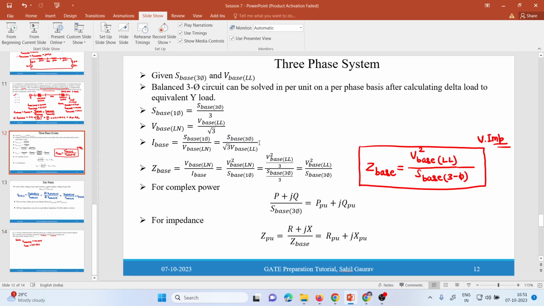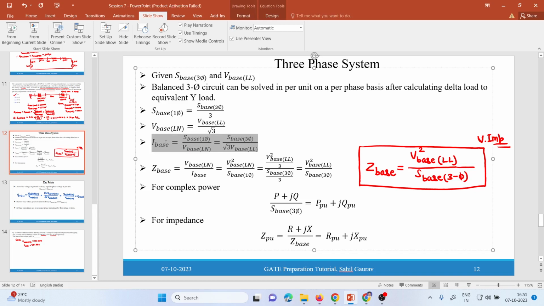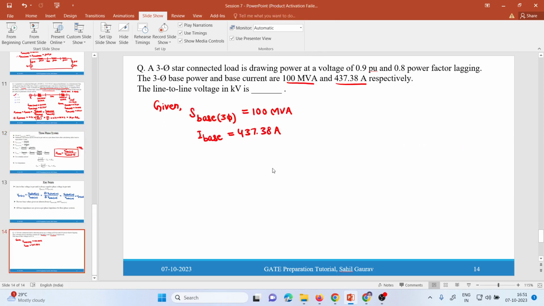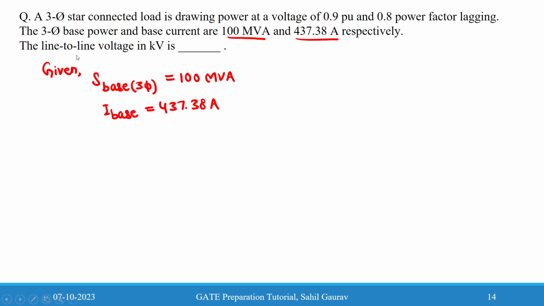Okay. So we have seen this S base three phase expression, and we are going to use it because we are given I base and we need to find V base LL, the line to line base voltage.